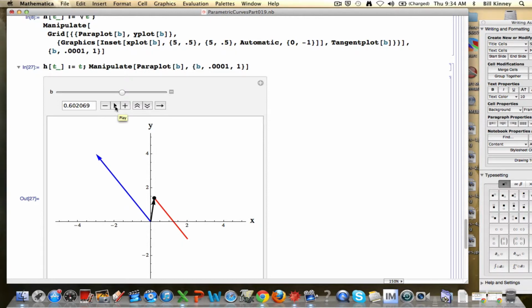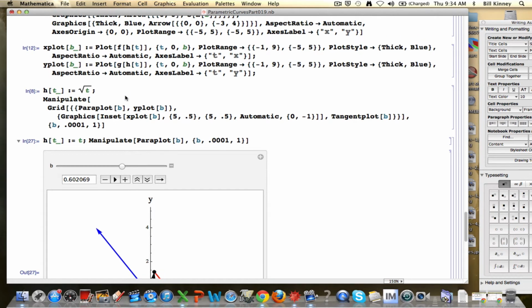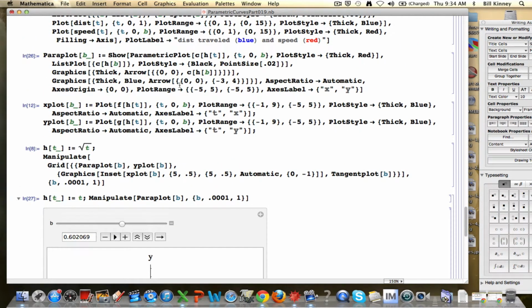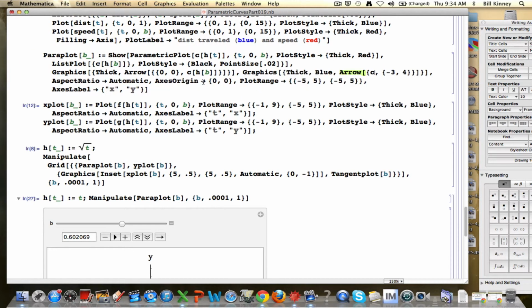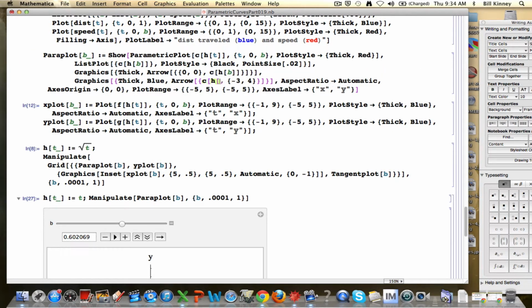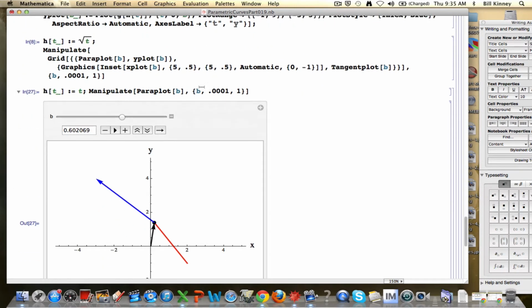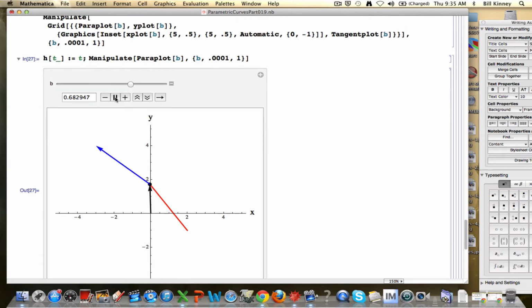All right, so where should we put the vector? We should go back up here. I want to now base the vector not at the origin, but instead at the point where the person is located. And so I'm typing in c of h of b. Will this work? Let's see if this works when I enter this. Guess what? It doesn't work.